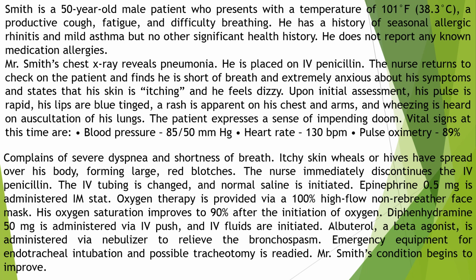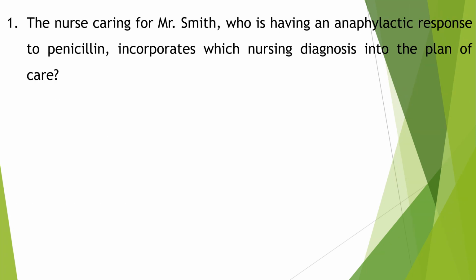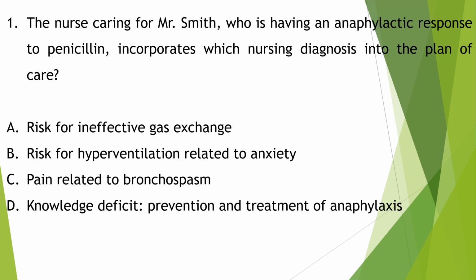Let's see some questions. The nurse caring for Mr. Smith, who is having an anaphylactic response to penicillin, incorporates which nursing diagnosis into the plan of care? Risk for ineffective gas exchange, risk for hyperventilation related to anxiety, pain related to bronchospasm, or knowledge deficit about prevention and treatment of anaphylaxis?